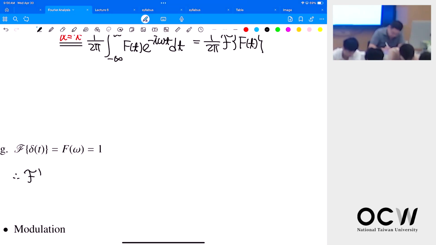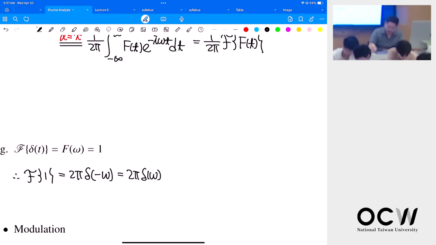The Fourier transform of 1 will be 2 pi delta function of minus omega. Since we know the delta function only has a value at 0, it is also equal to 2 pi delta function of omega.